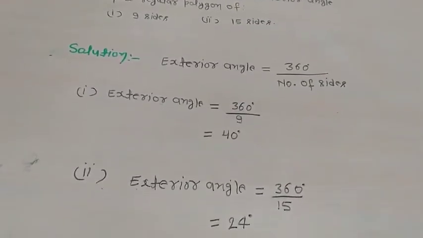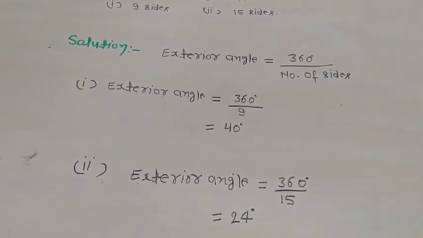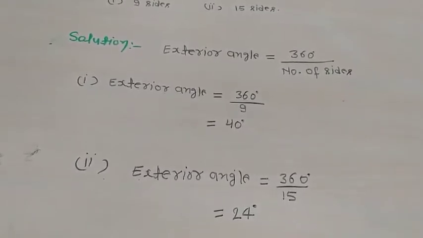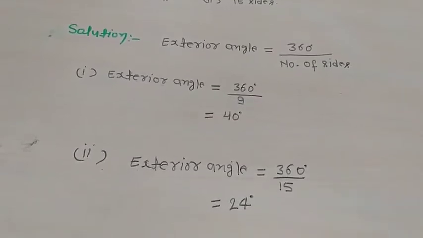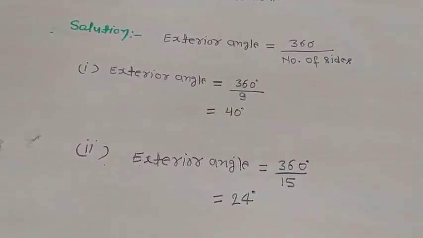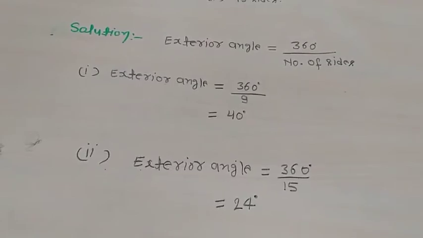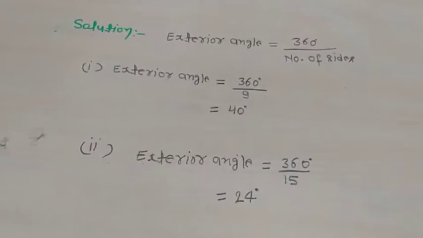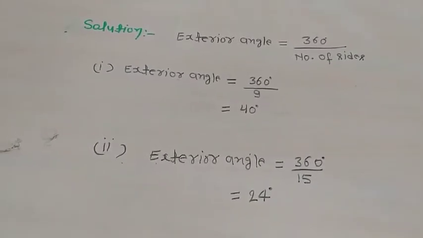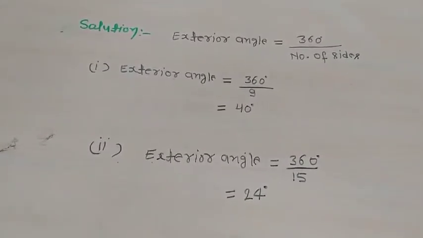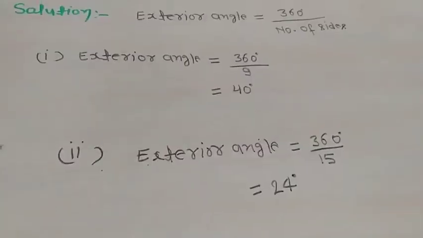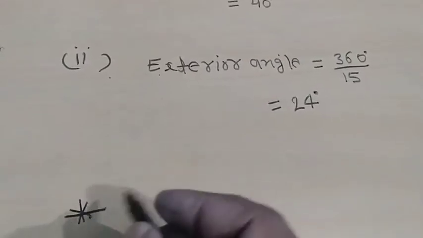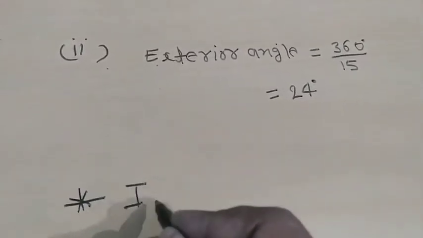In the first part number of sides is 9, so exterior angle is equal to 360 by 9 is equal to 40 degree. And in the second part number of sides is 15, so exterior angle is equal to 360 degree by 15 and we obtain 24 degree.